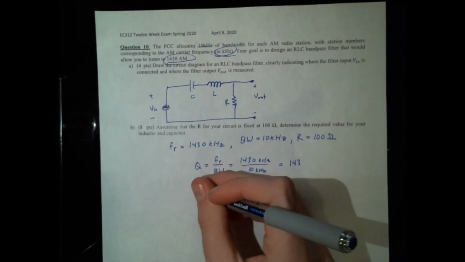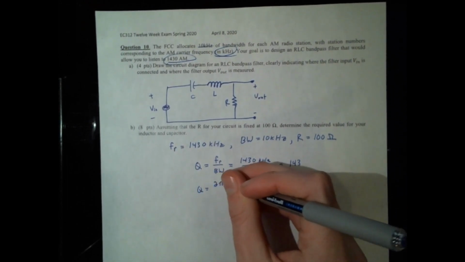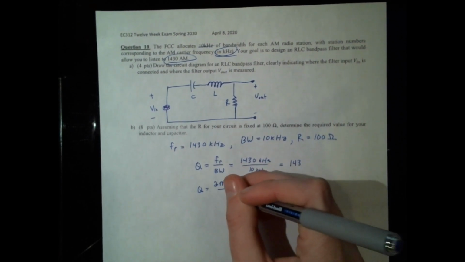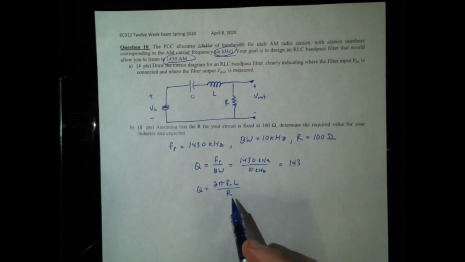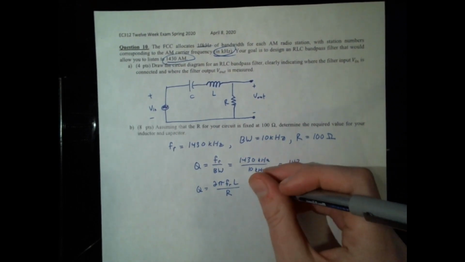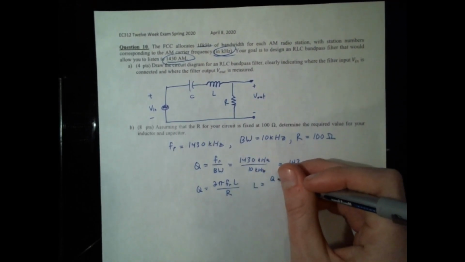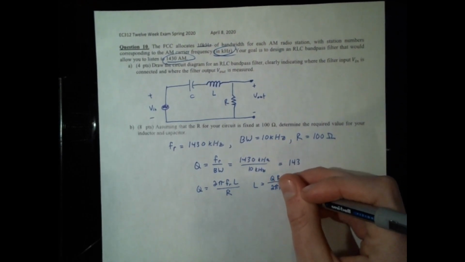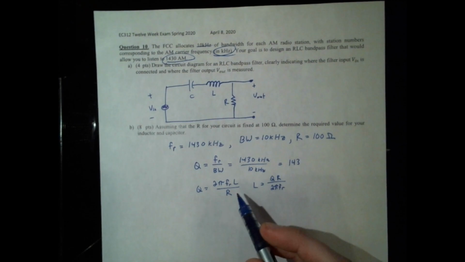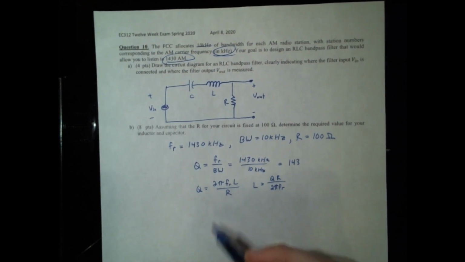We also have that Q is equal to 2 pi fR L over R. You might be able to guess at this point, now that we have Q and R, and we're looking for L, we have fR. We can rewrite this equation: L is equal to QR over 2 pi fR, just rearranging terms, multiplying by R and then dividing by 2 pi fR.